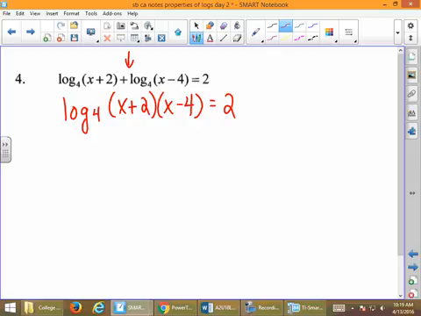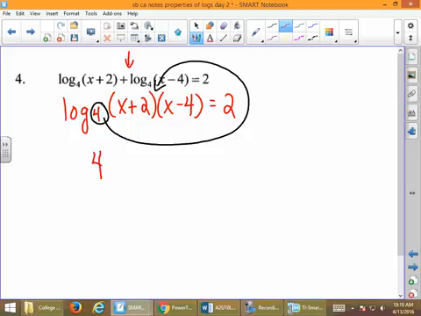We have a logarithm on one side, we don't have a logarithm on the other side. So we have to have some method for getting rid of the logarithm, and that's going to be to go around the world.